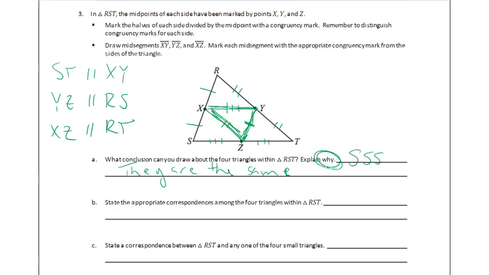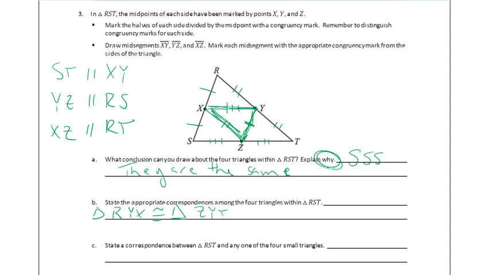So if we want to state the appropriate correspondence among the triangles for RST, let's start with the top one. So we're going to go R, so triangle R, Y, X. That's going to be congruent to triangle, remember we go 1, 2, 3. So if we go down here, let's start with Z. So Z, Y, T. Again, if I want to go 1, 2, 3, I'll go the middle one.